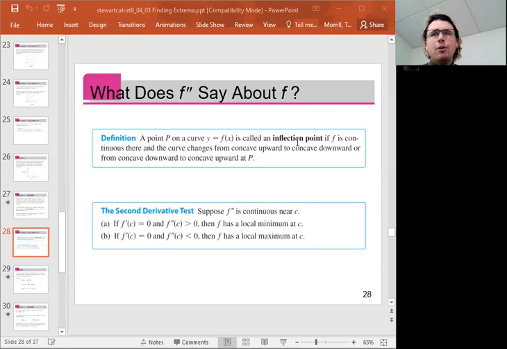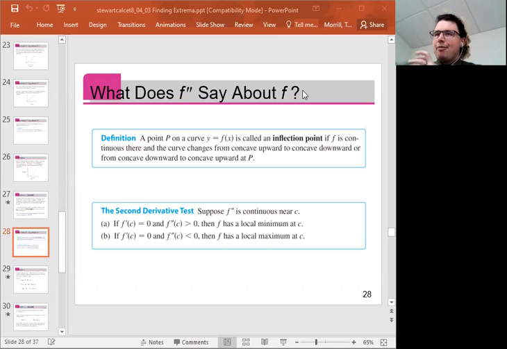Now, we can use concavity to get extra information and make our maximum and minimum test easier. So rather than plotting out what is the slope to the left and to the right of our critical point, we can just check what is the concavity at the critical point.